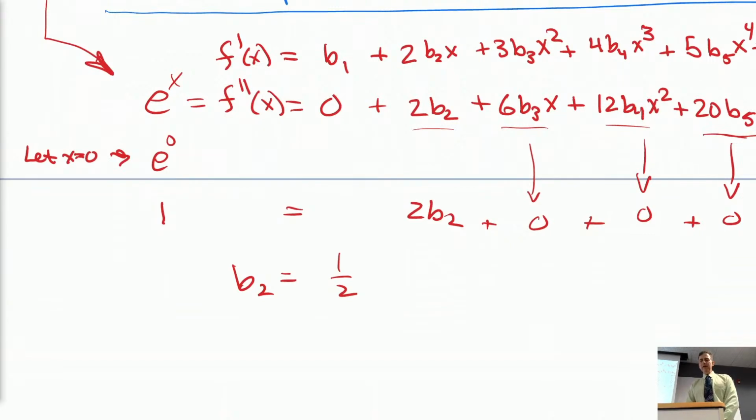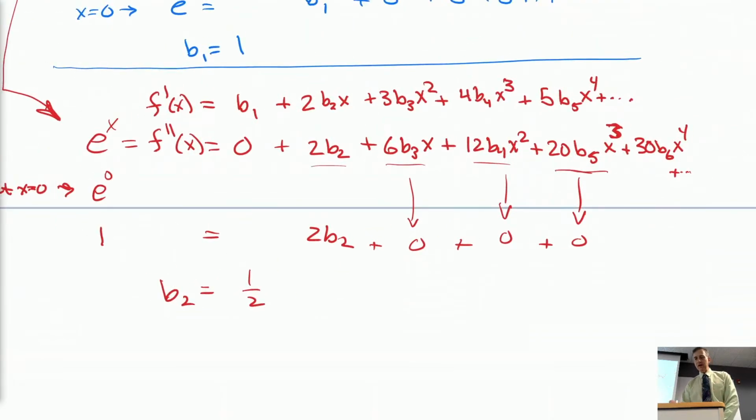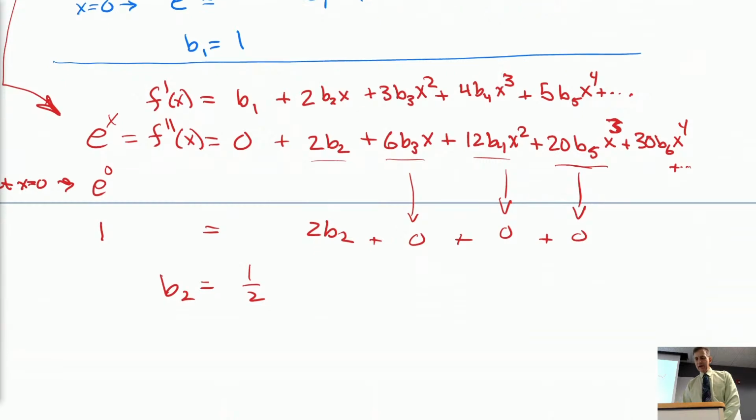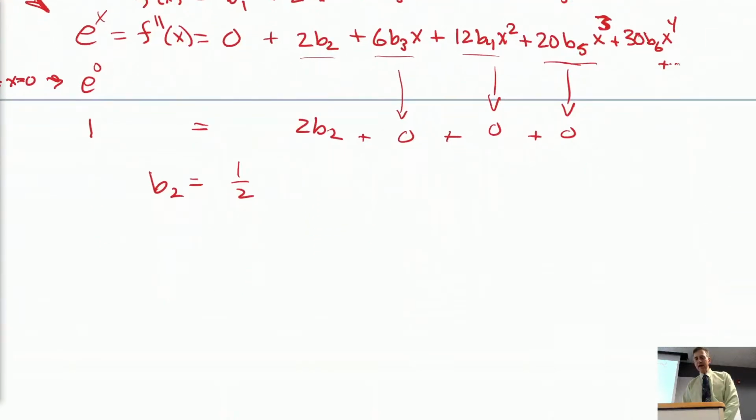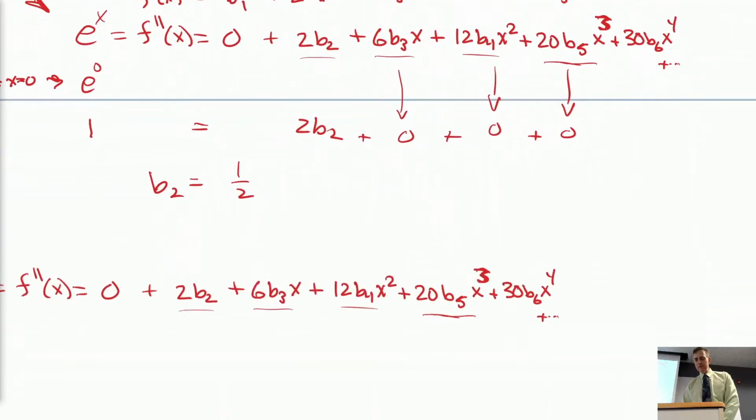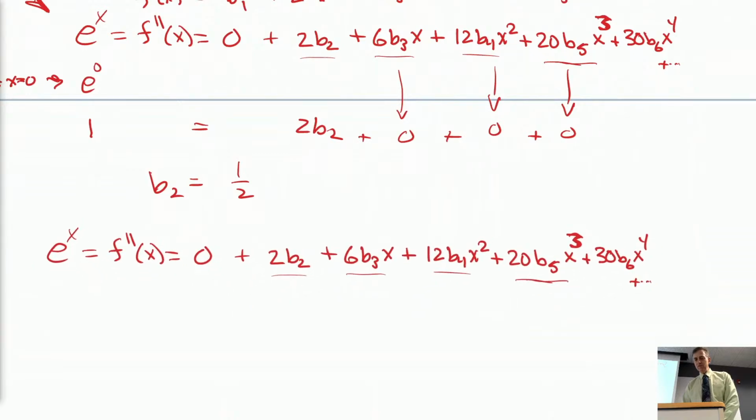All right, we're doing great here. You tell me what b3 is. Now, just in case you're not sure how to do this, I'll review what we just did. We took the first derivative and we did the derivative of the first derivative, which gave us the second derivative. And then from that, we plugged in x equals 0, and that told us what b2 was.